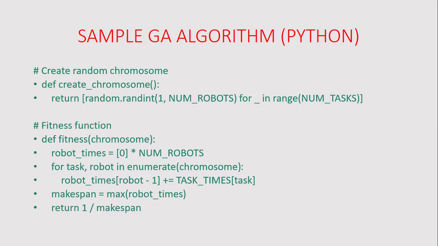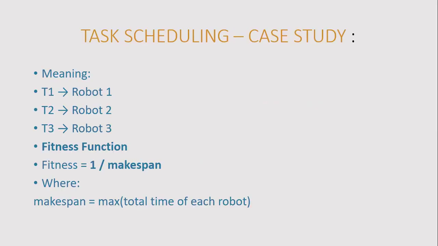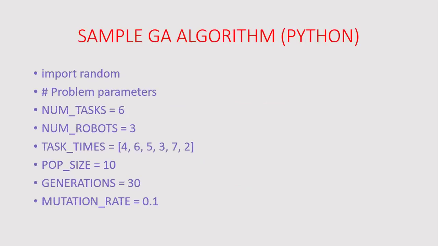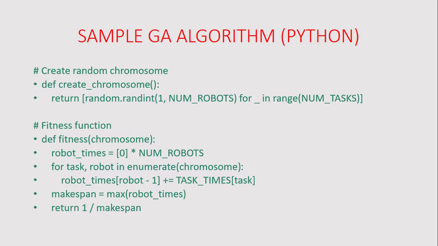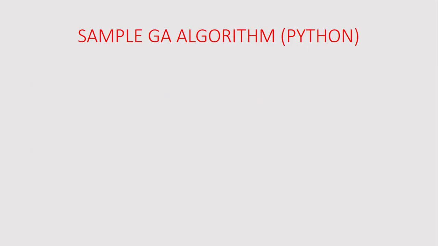Along with that, the fitness function is obtained by taking the inverse of the makespan time. Already in the previous slide, I have shown you the equation for finding the fitness function, that is 1 by makespan, the inverse of the total job completion time. So find out the fitness function for each randomly generated chromosome.